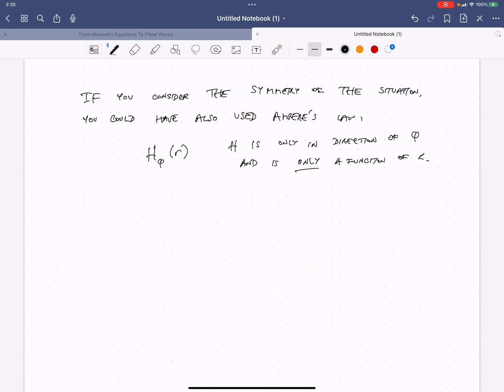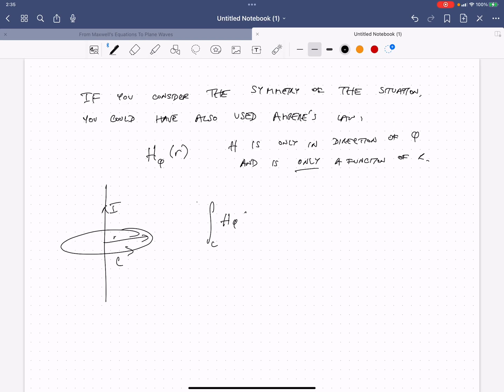So again, you have a wire here with a current, and you know that the magnetic flux is going around it as a function of r. Let's say this is C, a closed loop.